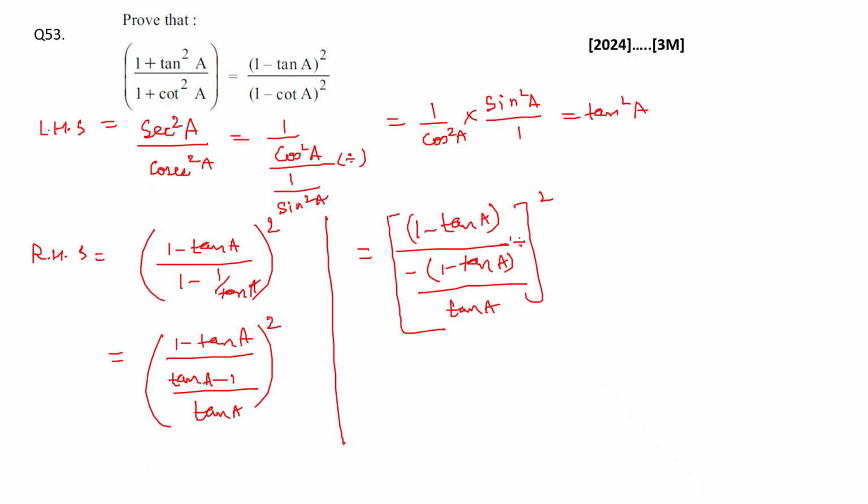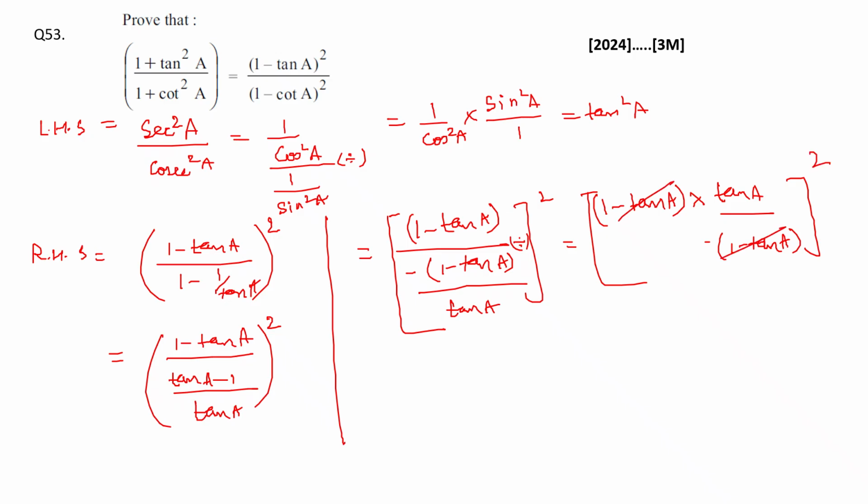Now when you change division to multiplication, it will become 1 minus tan A into tan A by minus of 1 minus tan A whole square. So this and this will get cancelled. You will be left with minus of tan A whole square. And minus of tan A whole square is tan square A, which is equal to your LHS.